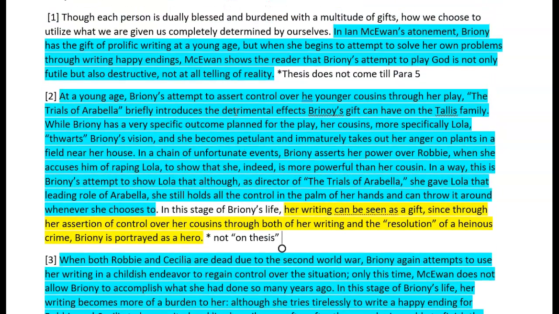It's not quite set up correctly because what we needed to have told to us first is that Bryony has a crush on Robbie, that Robbie's a lower class boy, so it's inappropriate for her to have that crush. What's worse is that Cecilia, who is Robbie's crush, is actually Bryony's sister. So Bryony has an older sister named Cecilia who is in love with Robbie.